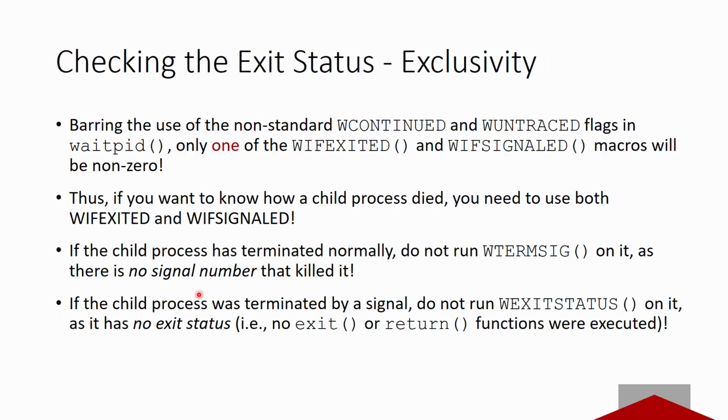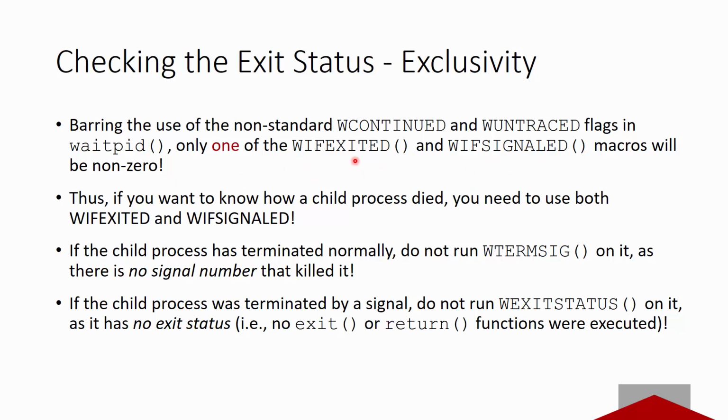Let's talk about the exclusivity of these two macros. There's a couple of flags that you can use in waitPID, and those are the wContinued and wUntraced flags, and they're pretty non-standard. There isn't really a reason to use them for our assignments here in this course, so let's assume that we haven't. If you have not used those, then only one of the ifExited and ifSignaled macros will be non-zero.